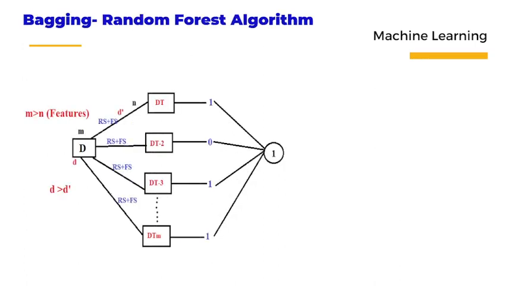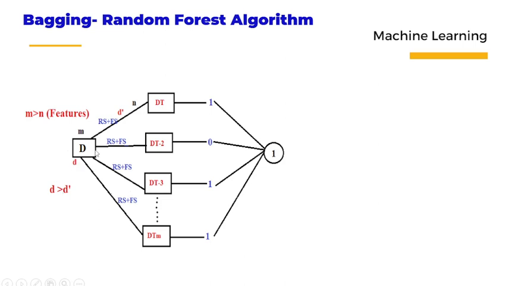Now we will understand the bagging technique, that is random forest, in detail with the help of the diagram. Here you can see, suppose I have some data set D containing m number of columns or m features and D records.